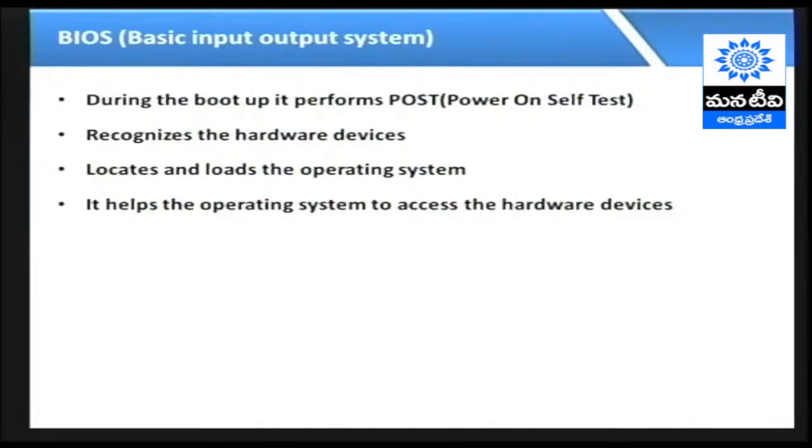During the boot up or startup of the computer, the OS is recognized from the C drive of the particular hard disk drive. Once it is identified, the operating system is loaded on dynamic RAM on a temporary basis. This task is done by the BIOS chip. BIOS is responsible for locating and loading the operating system on RAM during the boot up of the computer. This is the third task.